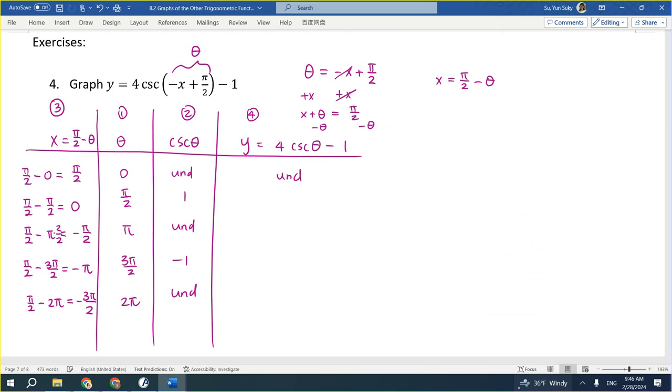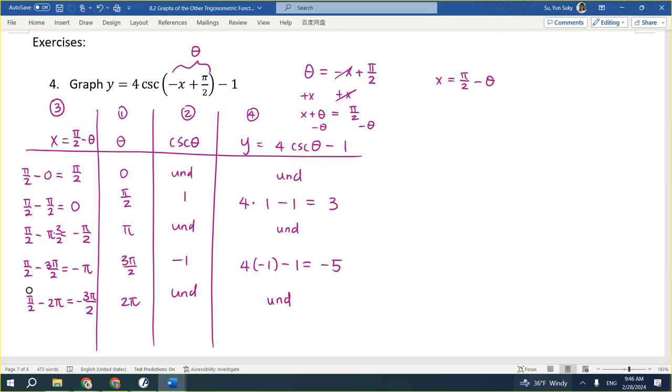And when you plug in 1, you get what? 4 times. Be careful. Don't do cosecant 1. Your theta is not 1. It's the entire cosecant theta that is 1. And 4 minus 1 is 3. And next, what do you get? Undefined. How nice. Okay, next, 4. Yes.